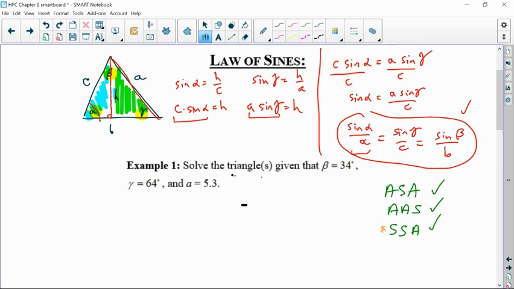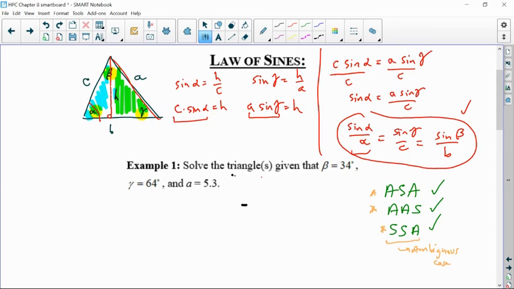The reason it's called an ambiguous case is because it involves using an inverse trig function, and therefore you have to consider both possible angles that could give you that particular value. And so we'll take a look at that. But if you're given angle, side, angle, or angle, angle, side, you can use law of sines freely without having to worry about any kind of ambiguous case.